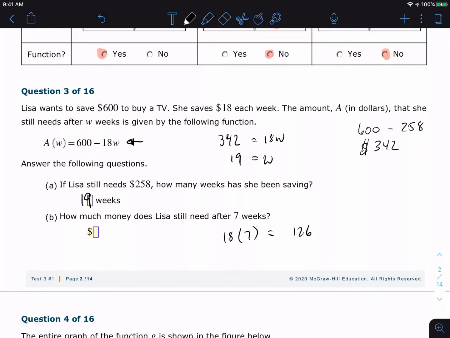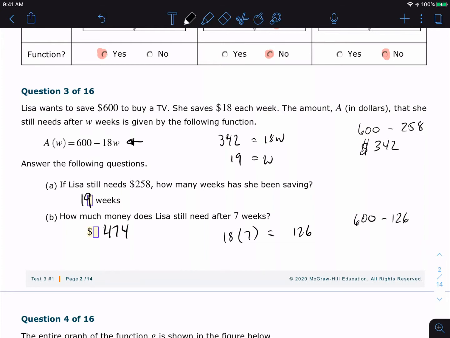But that's how much she's paid for the TV. How much does she still need? Well, $600 is the total for the TV minus the 126 is going to give us $474 that she still needs to pay off the TV. Does that make sense? Yeah.